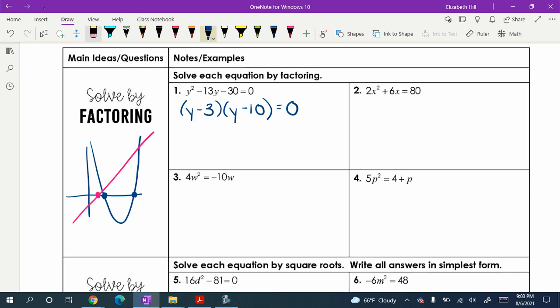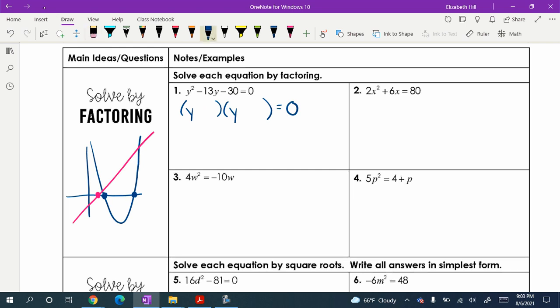I got to go back here. -30, not a +30. Before I do that, as I was double checking, here's my red flag. -3 times -10 gives me a +30, not -30. So got to go back to the drawing board, and sometimes that happens.